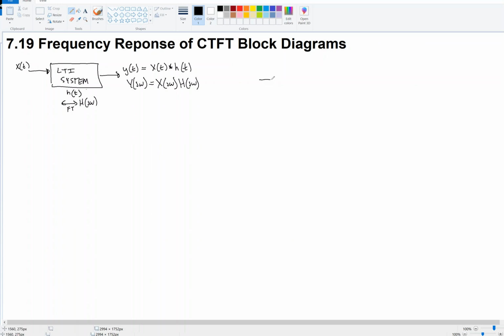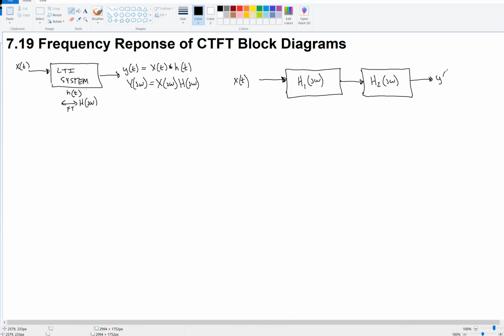What happens when I have two systems? And in particular, I'm interested in their frequency response because that's what we've been talking about for quite some time. So let's say I have a system here that's first, and we'll say it's linear time invariant, and it has a frequency response capital H1 of j omega, and the second system is also linear time invariant, and it has frequency response H2 of j omega.